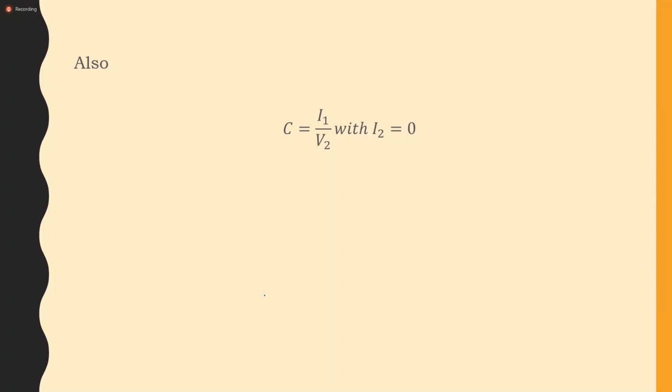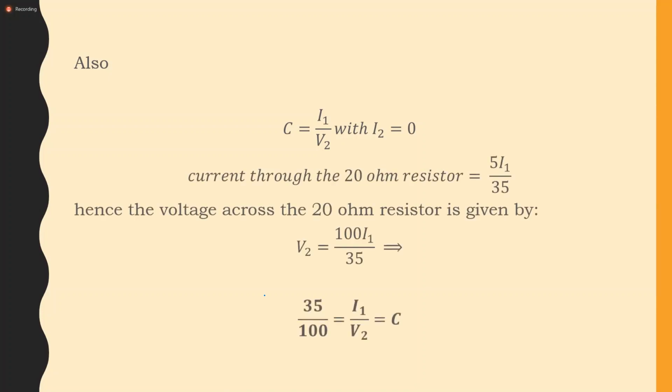I1 would divide between the 5 and the 30 ohm resistance, so the current going to the 30 ohm resistance would be 5 I1 over 35. That would be the current through the 20 ohm resistor. Therefore, the voltage across it would be 100 I1 over 35, which is also equal to V2. So you rearrange that for C, and you get C equal to 35 over 100.